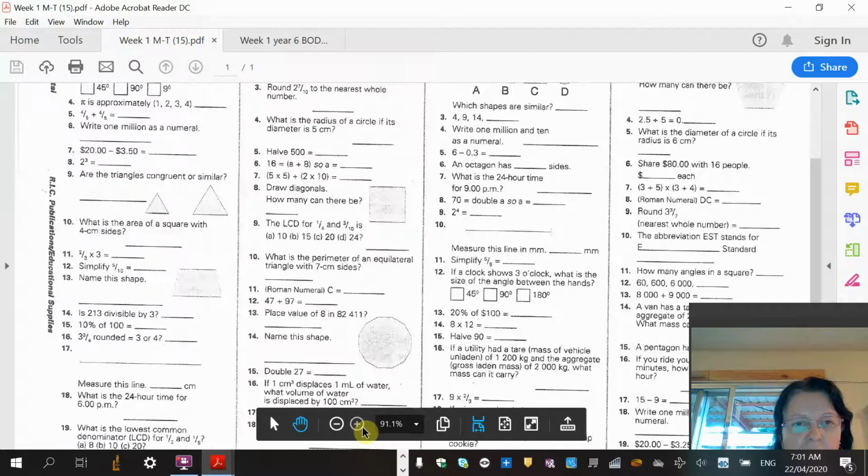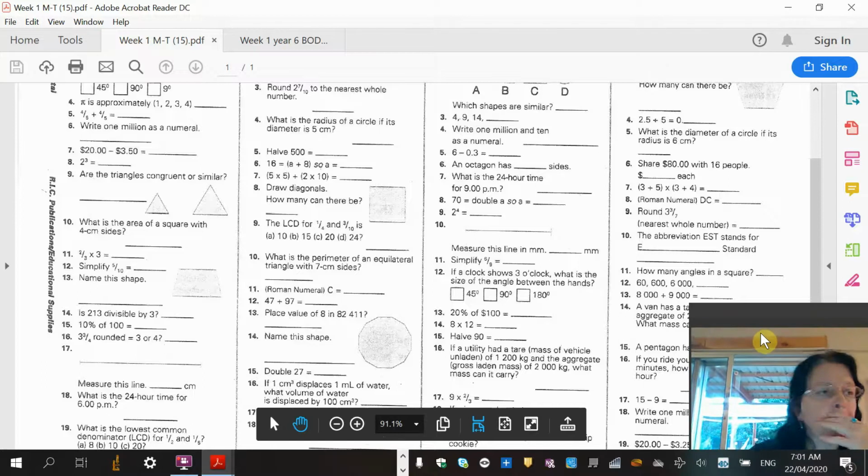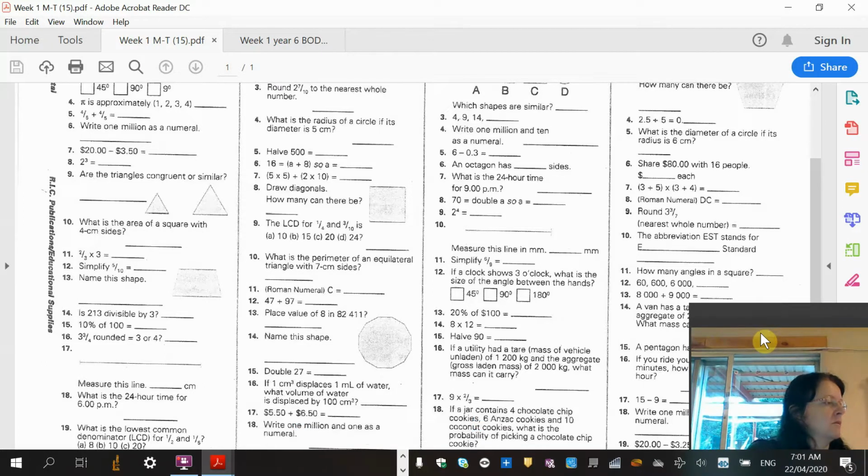If you want to head up your page, week 1, Wednesday. Put your name at the top, please, so as I always say, so that when you photograph it and send it through, I don't get it muddled up, and put it in your right folder.